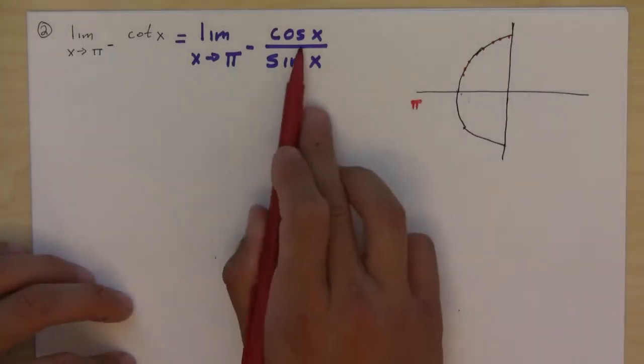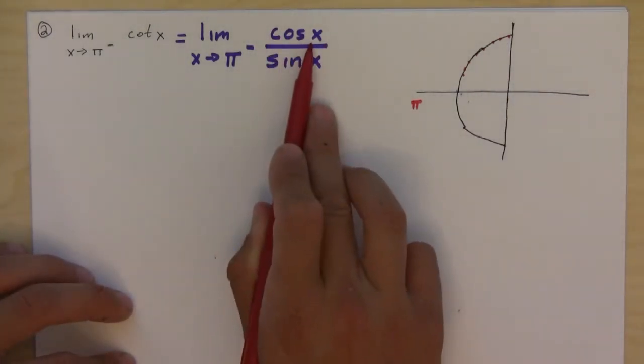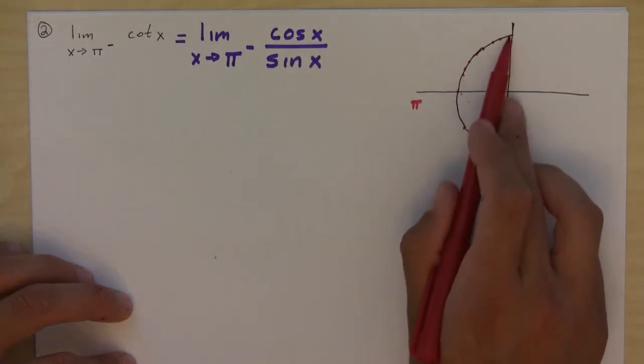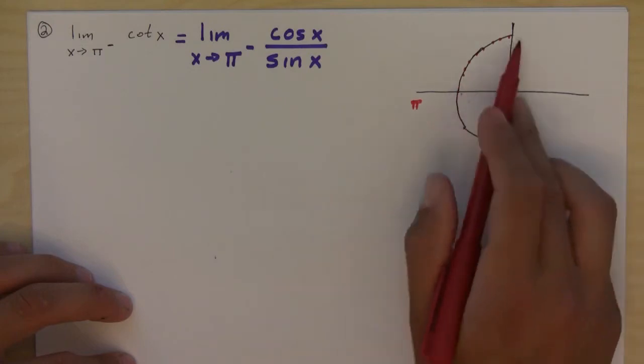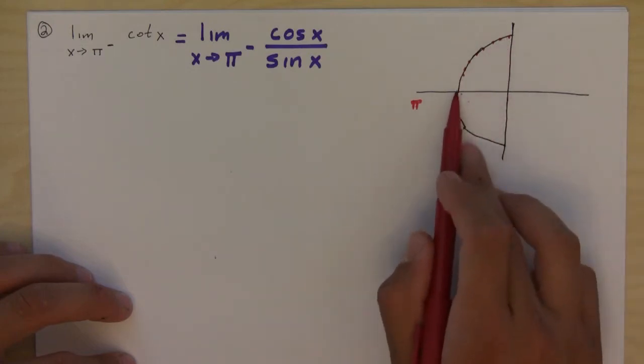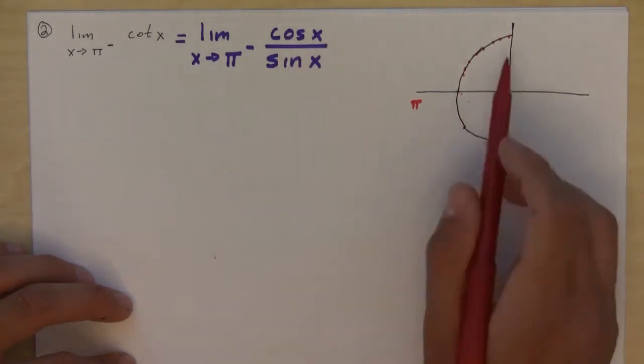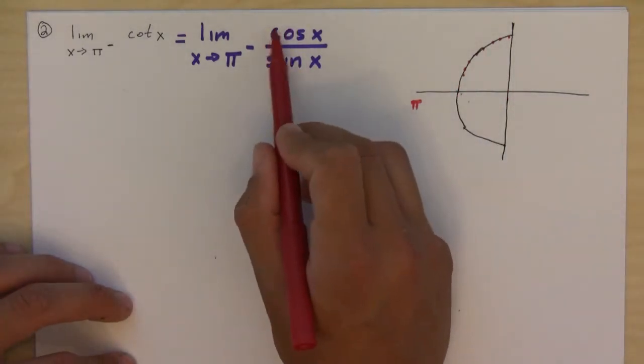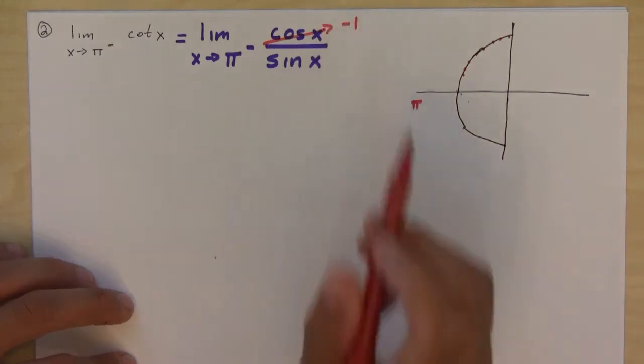Now remember that cosine corresponds to the x value on the unit circle. So notice that as I get closer to pi from this direction, cosine is getting closer and closer to -1.